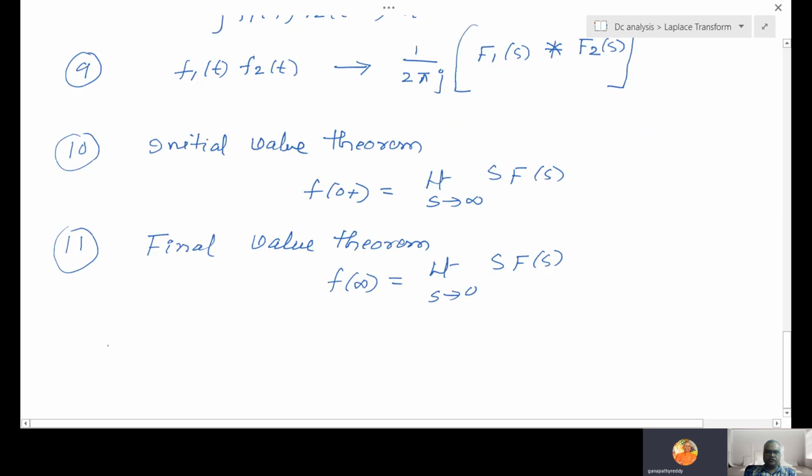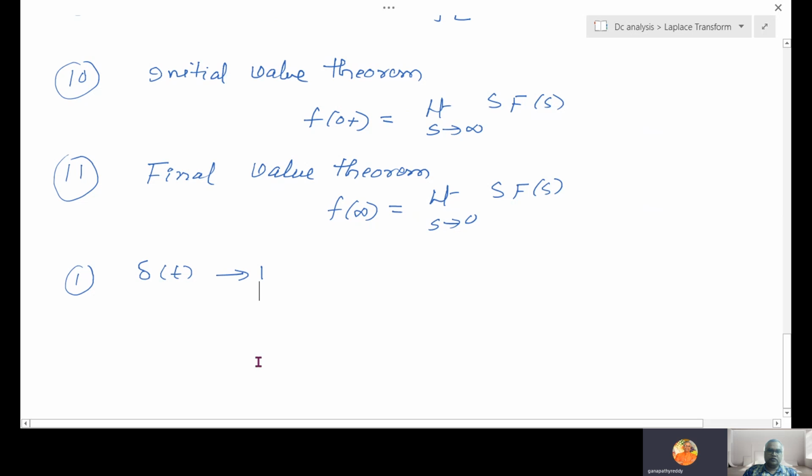Then some standard functions, how to find them. For example, Laplace of the impulse function is 1. U of t is 1 by s.